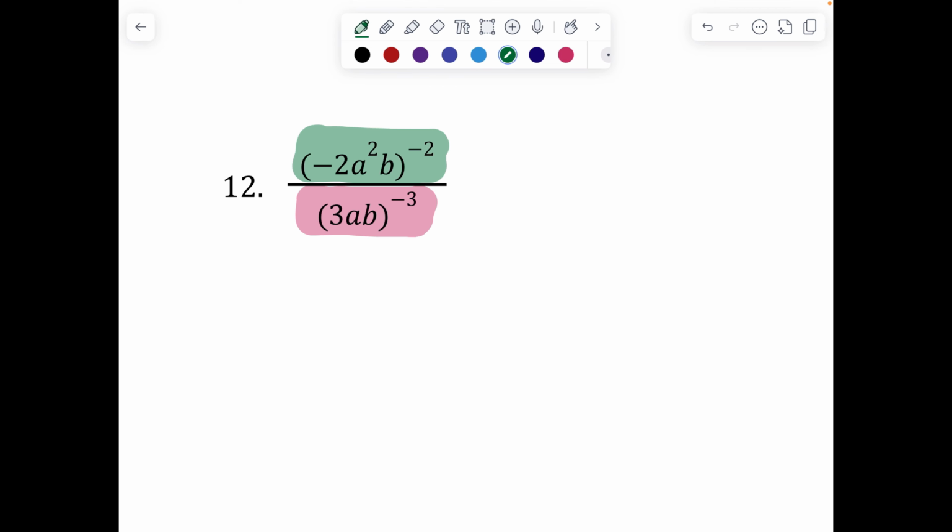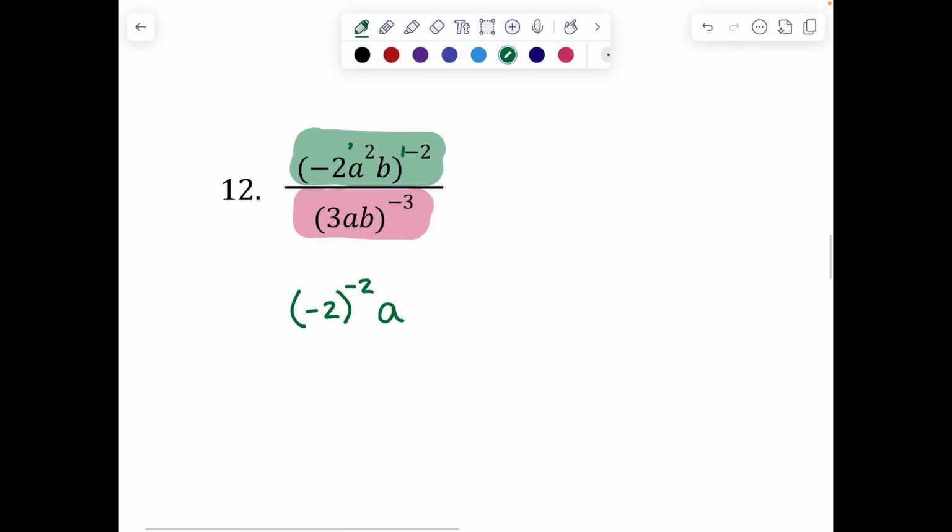So with our numerator, we are saying negative 2. We are multiplying exponents, so 1 times negative 2 is negative 2. We have a to the 2 times negative 2 is negative 4. We have b, 1 times negative 2 is negative 2.